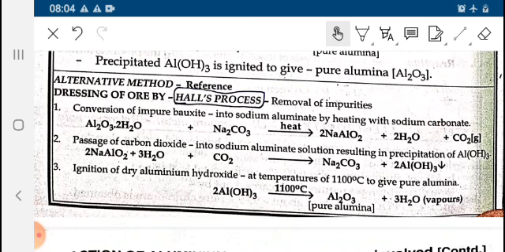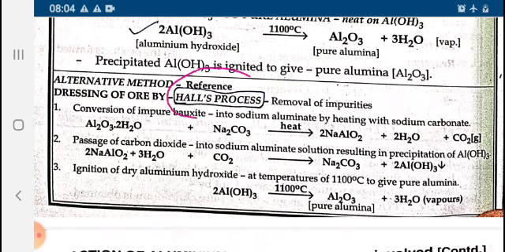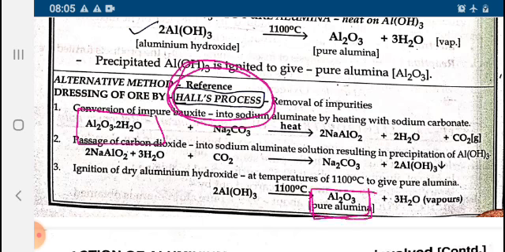Again, the same process, the above which was Bayer's process, is a bit modified in the form of Hall's process. There is a very minute difference between Bayer's process and Hall's process. As you can see, the reactant and the product are the same.